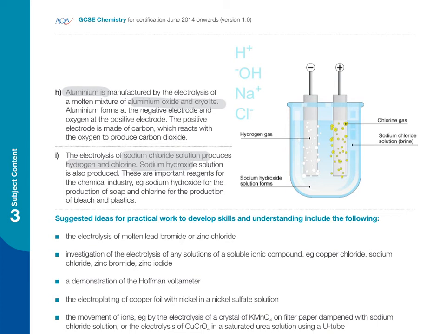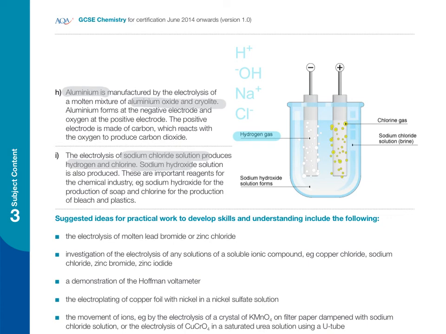You do get given a copy of the reactivity series in the exam, so make sure you check for the metal that you are thinking might be produced, whether it is more reactive than hydrogen and therefore hydrogen will be produced, or whether it is less reactive than hydrogen, in which case the metal itself will be produced instead. As we said here, your sodium is more reactive than hydrogen, it's higher than hydrogen in the reactivity series, so here we won't get any sodium metal formed, we will get the hydrogen gas formed instead.